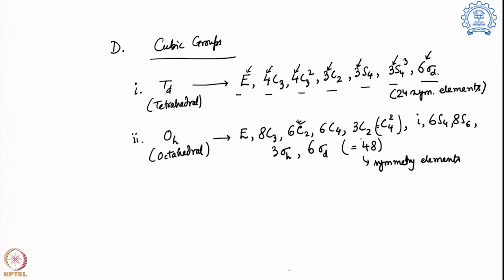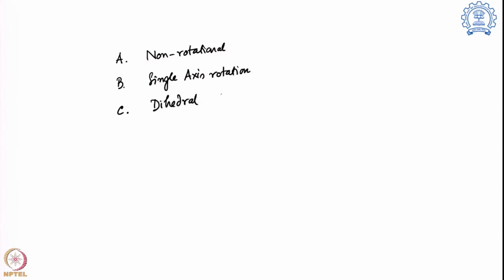So, what we have found so far is that you can have 4 different groups. One is the non-rotational group, then you have the single axis rotation group, then you have the dihedral groups, and then you can have the cubic groups.